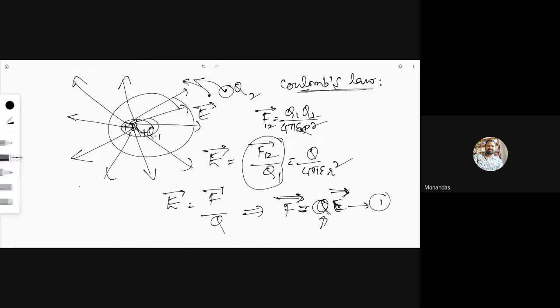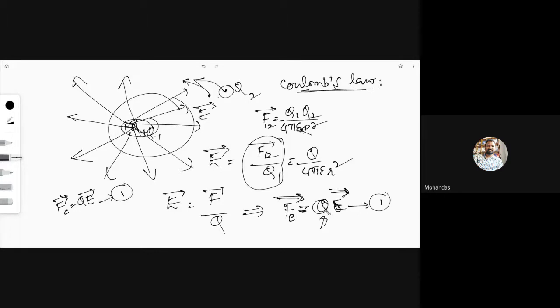That means if you place a charged particle in the presence of an electric field, there is a force. That force is known as the electric force Fe. Fe equal to Q into E. This is our known equation, equation 1.